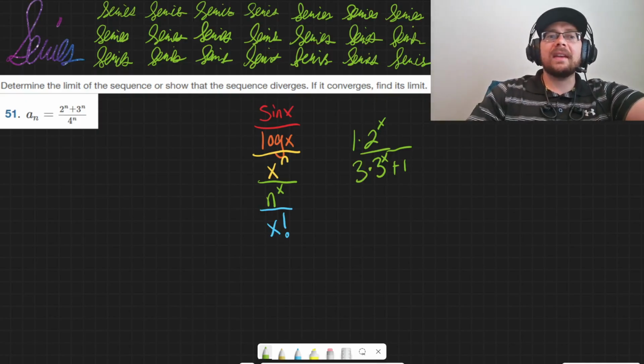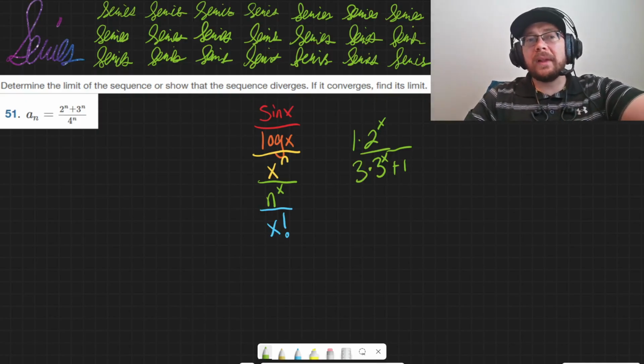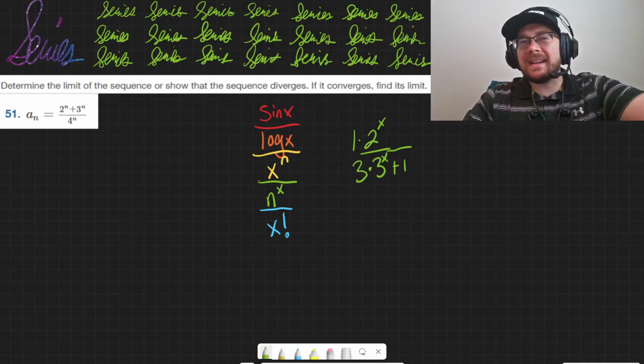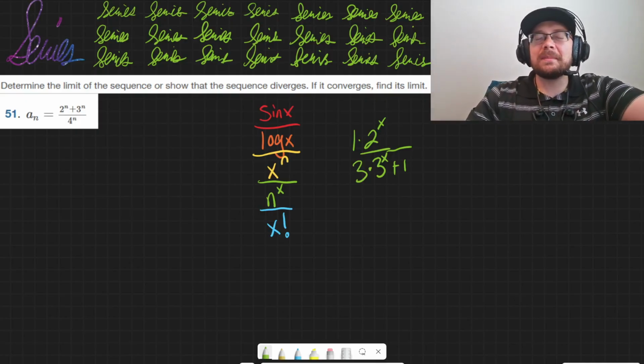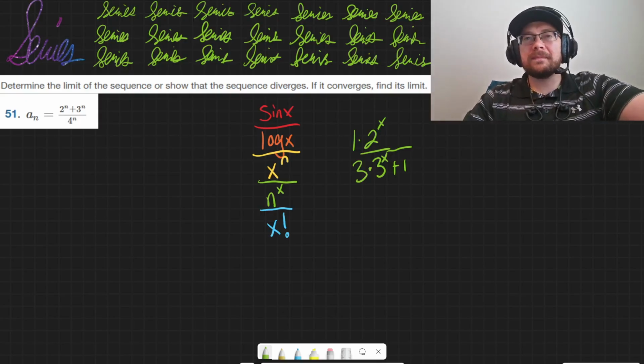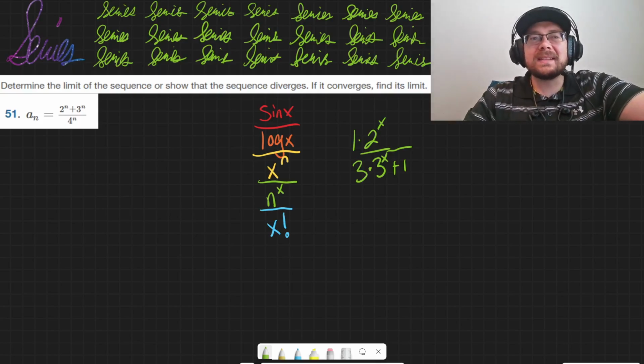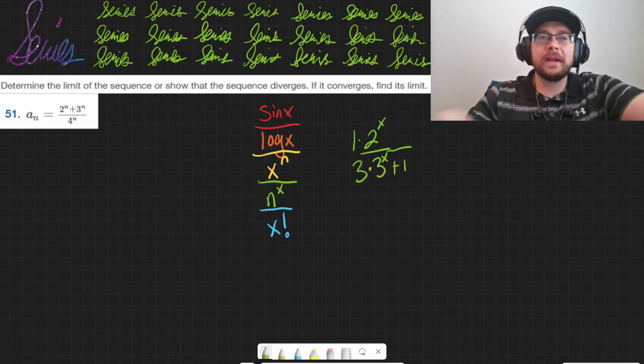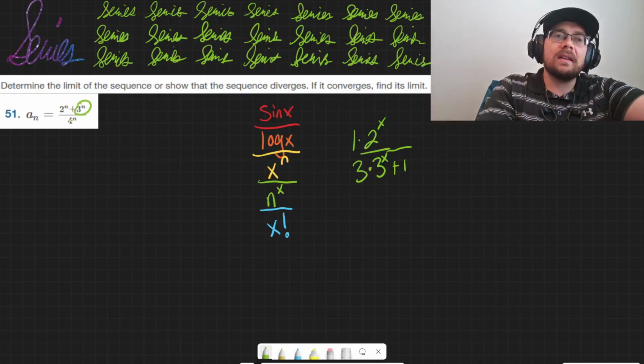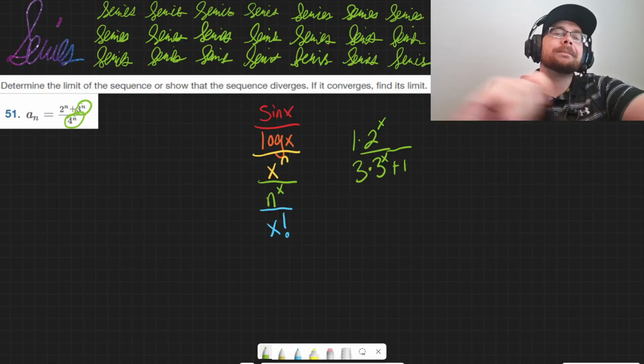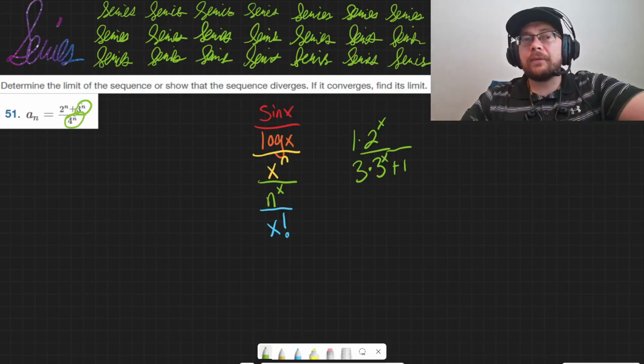And that's actually what's happening here. 2 to the n plus 3 to the n, they're being added, not multiplied. If they're being multiplied, that'd be a different story. But when you're adding and subtracting a bunch of stuff, whichever thing is the biggest of them all, you just focus on that one thing. So what we're focusing on is this guy and this guy. Well, 3 is less than 4, so 4 wins.